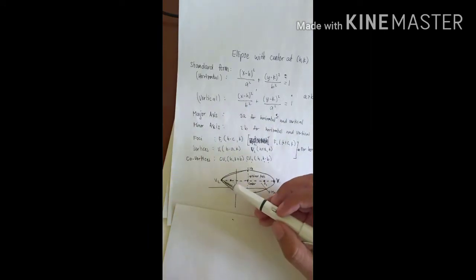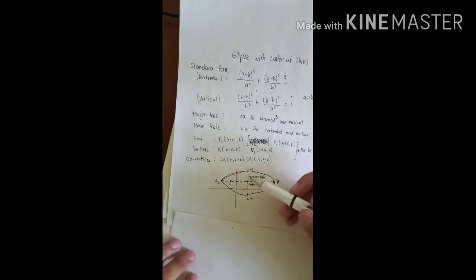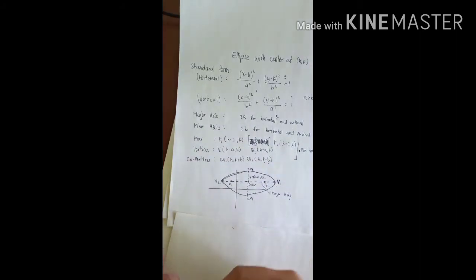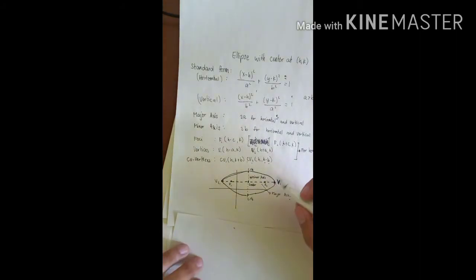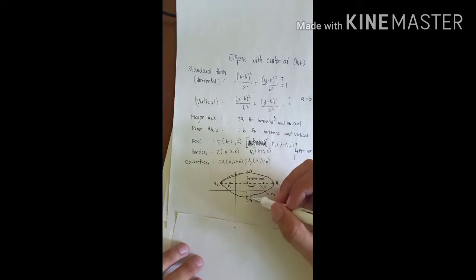So on this side we have the v sub 2 and v sub 1. Next, the foci, and then we have the covertices.